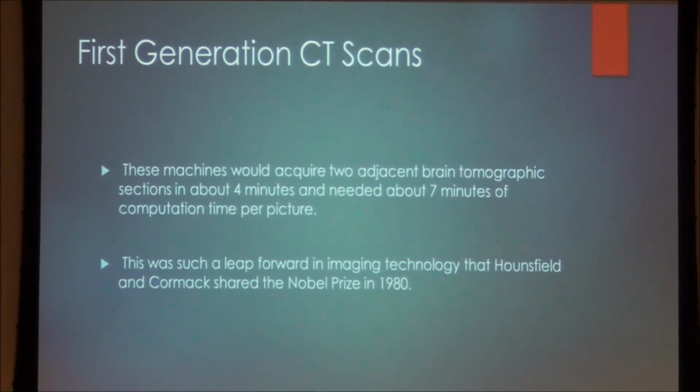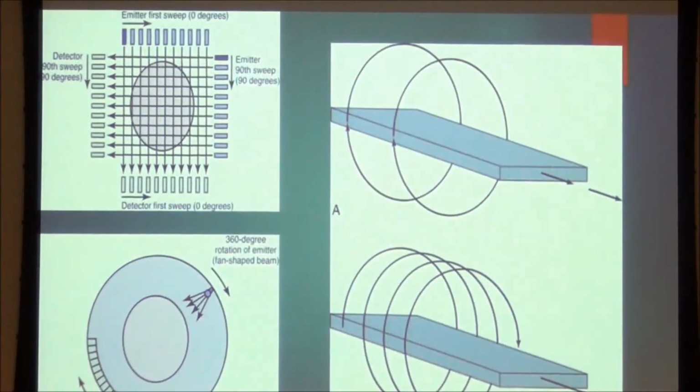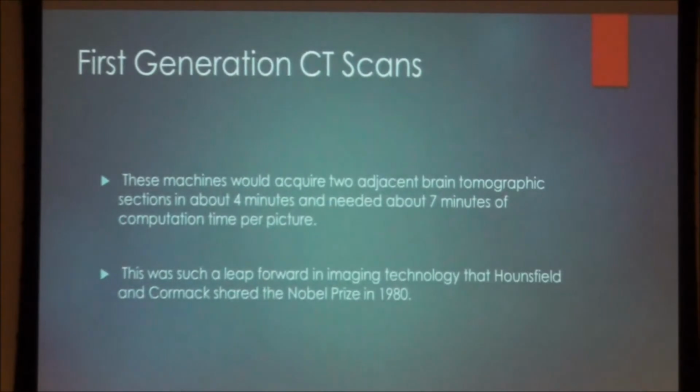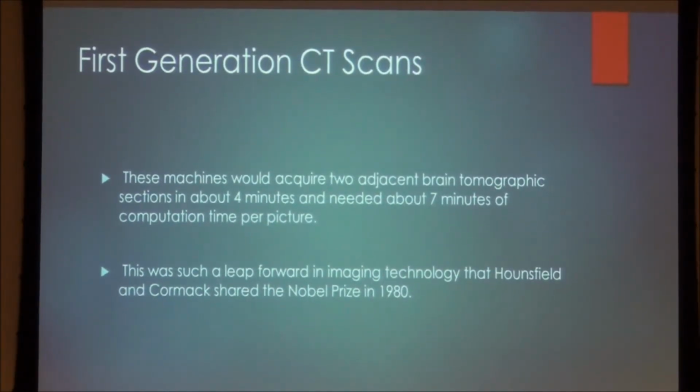First generation CAT scan used to acquire two adjacent brain tomographic sections in about 4 minutes, and it is 7 minutes for computation. So every slice used to take 11 minutes. But now you can do the whole body scan in less than 30 seconds.